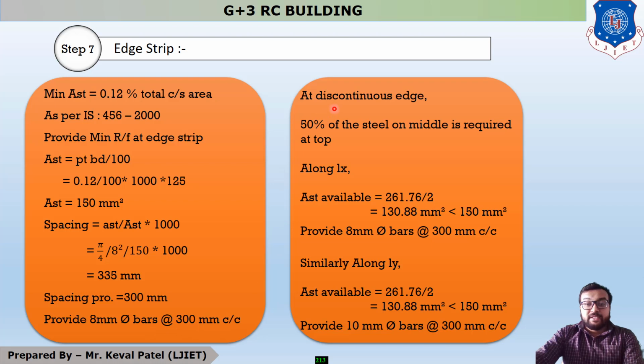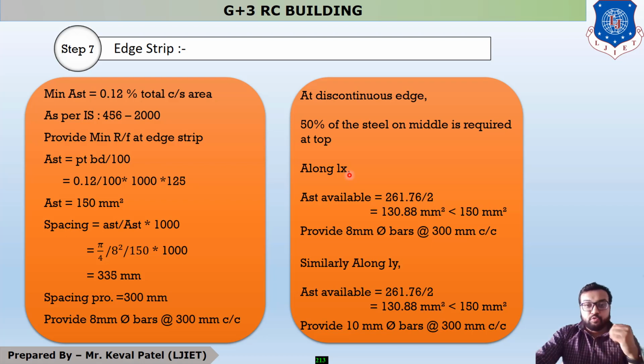And at discontinuous edges, it means at the two adjacent discontinuous edges, 50 percent of the steel on the middle strip is required at top. So along Lx, how much steel is provided? We have to provide 261.76 mm square.